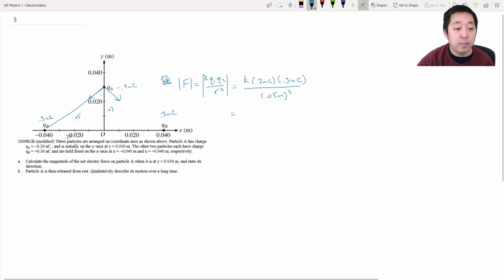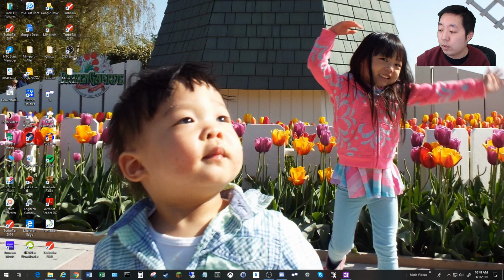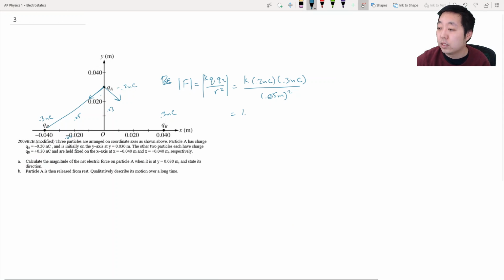Okay, so that is the magnitude due to this one, right? And don't forget, you want to put everything in SI units. So k is... Oh, I actually don't remember what the constant is. They'll give you a formula sheet, but I don't remember it off the top of my head. I definitely don't memorize equations or constants like that.